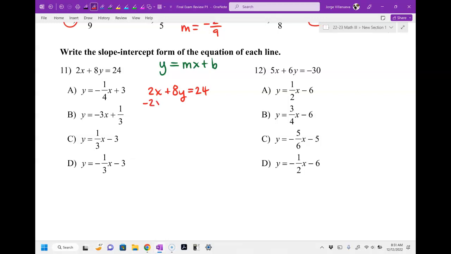I'm trying to get y by itself, so let's move the x's out of here. So that gives me 8y is equal to negative 2x plus 24. And then I have to divide everything by 8. So y is equal to negative 1/4 x plus 3. So that would be A.